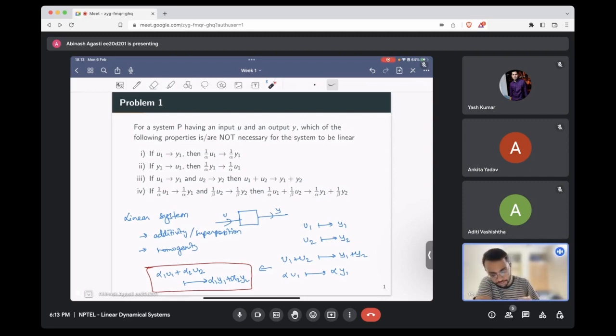This definition is clear, right? What a linear system is. Based on that, you can try to figure out which of these options. Let's first figure out one by one. Let's take option one.